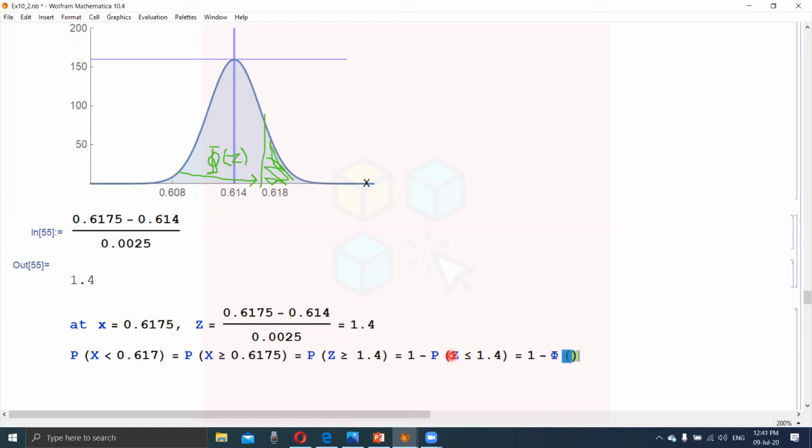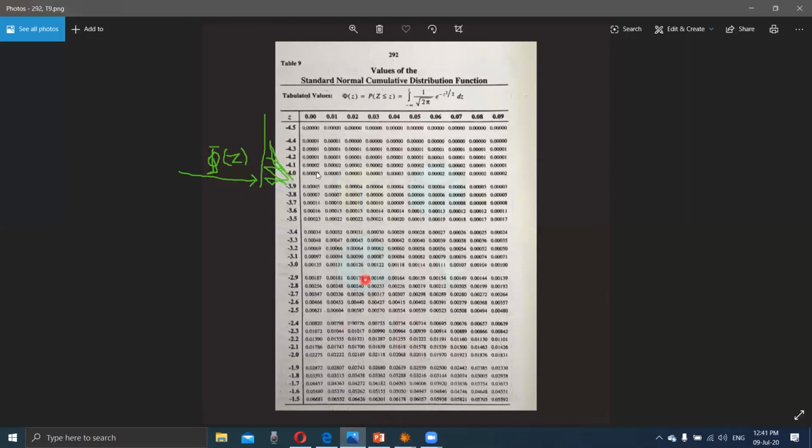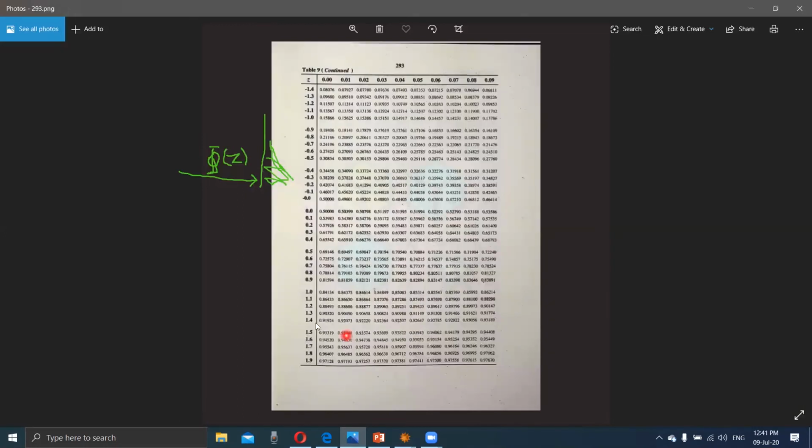So in the table, the value of 1.4 would be, okay, come to the table. This is the table, and 1.4 is on the next page. The first value, sorry, in negative, yes, this is 1.4 and the corresponding value is 0.91924.